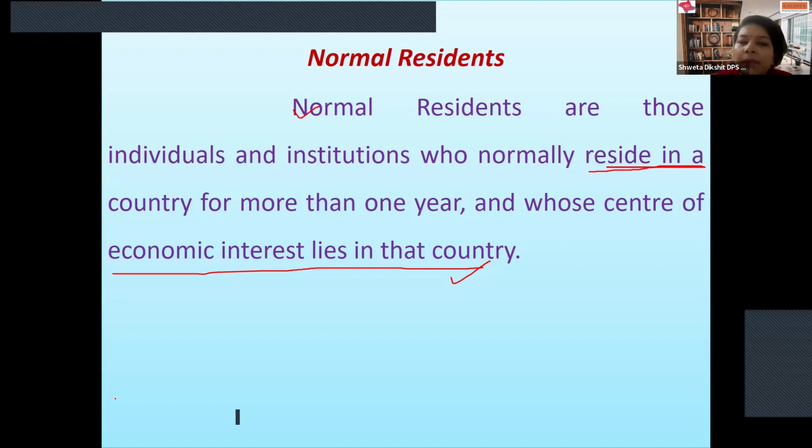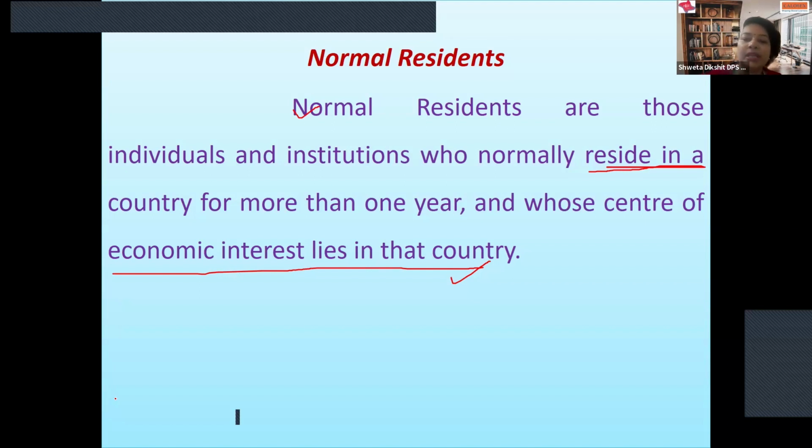But if a person comes to India and starts living here, pays taxes to the government, has all the economic interest, and his earning is also reinvested into this country only, then that person is known as the normal resident. Suppose a Russian family comes to India and they are settled in India itself, and they have started earning in India.